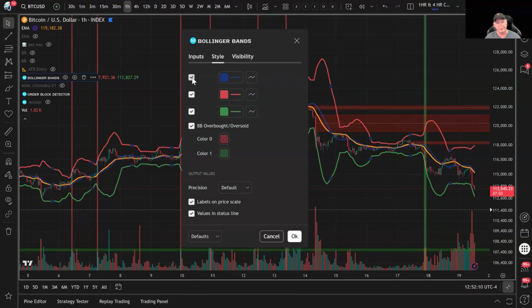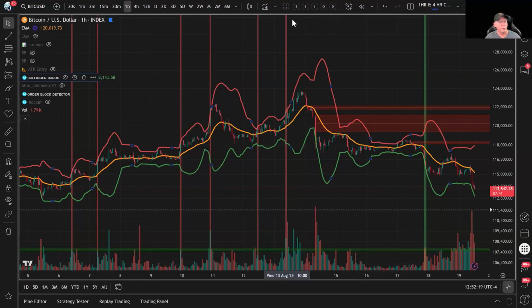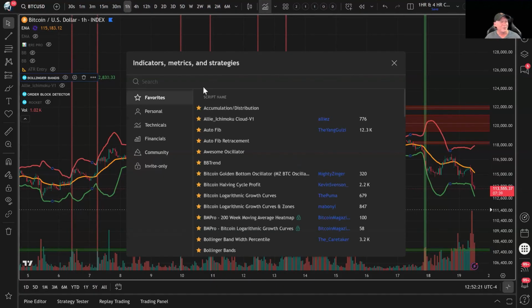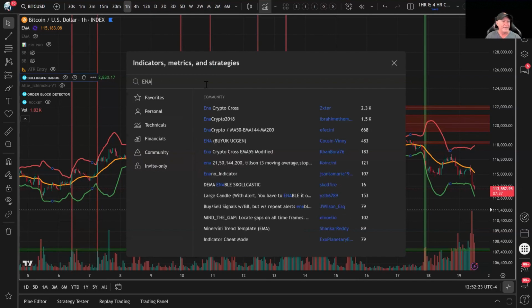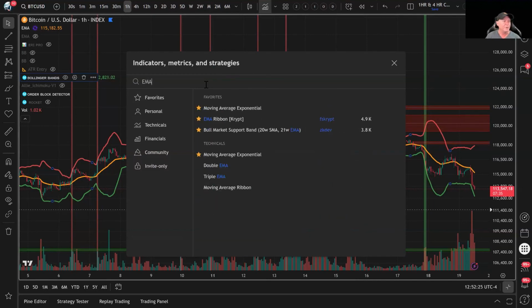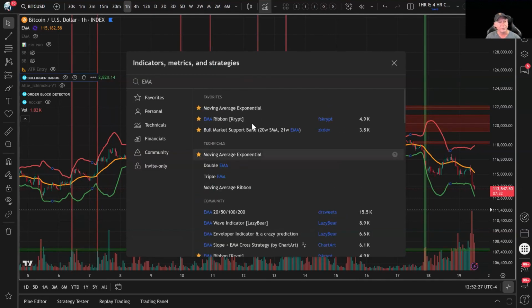It's a difference of one. It just creates too much noise. So I usually turn this off and I use instead the 21-day exponential moving average. Now those are free. The 21-day EMA, you just go to your free indicators and type in EMA. And some people use simple moving averages. You don't need both. I prefer this one, the moving average exponential.